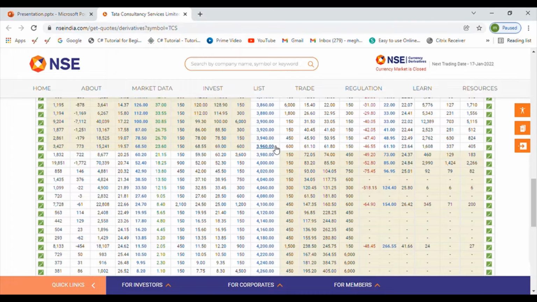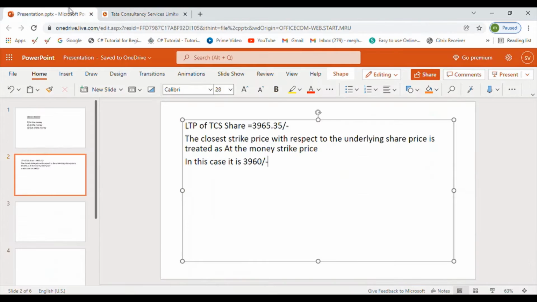That's okay. And next thing, before talking about in the money and out of the money, we need to understand what the option premium is comprised of. Option premium consists of two parts. One is intrinsic value and the other is extrinsic value.